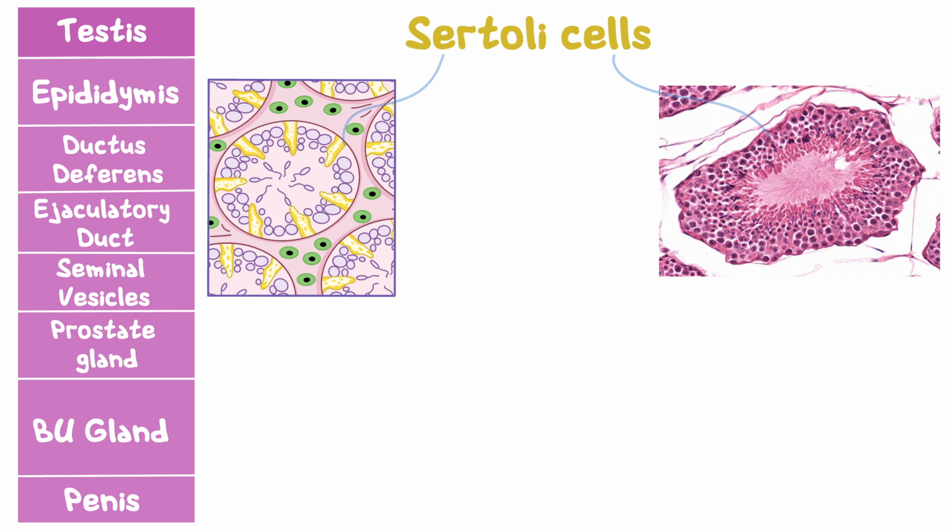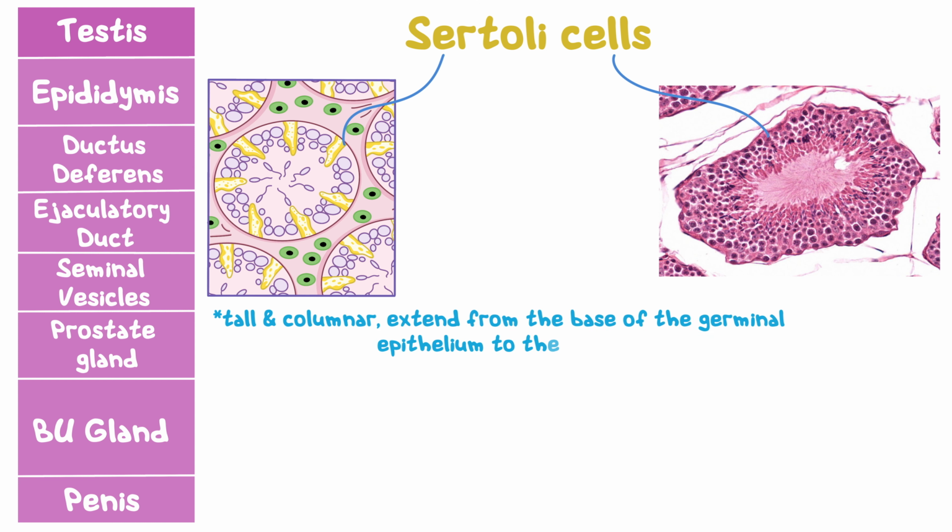Sertoli cells are tall and columnar and extend from the base of the germinal epithelium to the lumen of the seminiferous tubule. The nucleus of Sertoli cells may appear oval or triangular, and most display a prominent nucleolus and palely stained chromatin, reflecting their high level of synthetic activity.